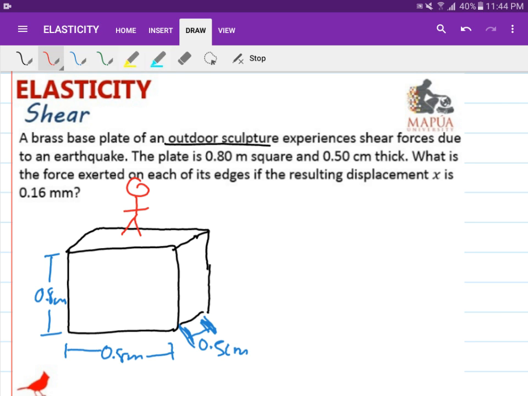Now, what is the force exerted on each of its edges? So these are the forces. For example, the earthquake causes a shearing force on these sides. What is the force exerted on each of its edges if the resulting displacement is 0.16 millimeters?